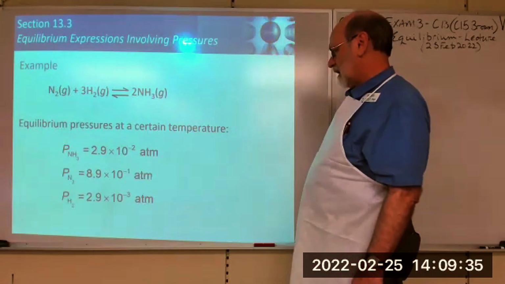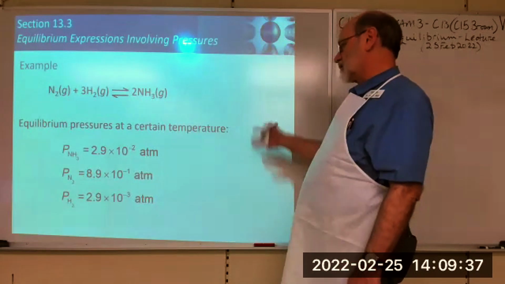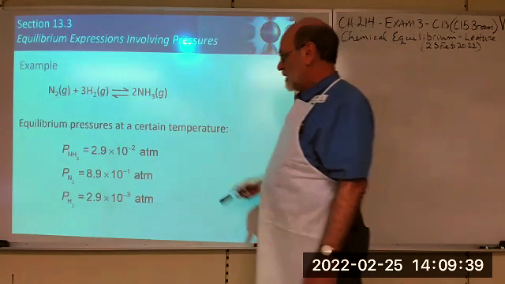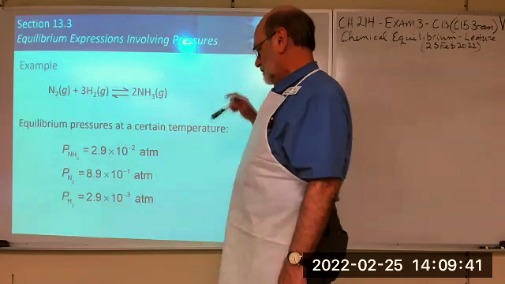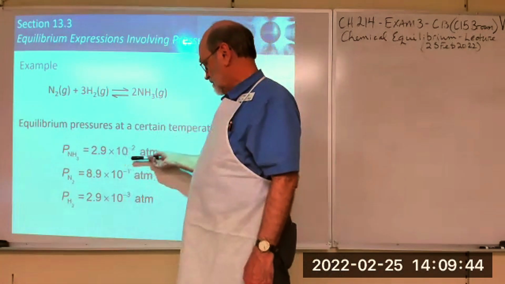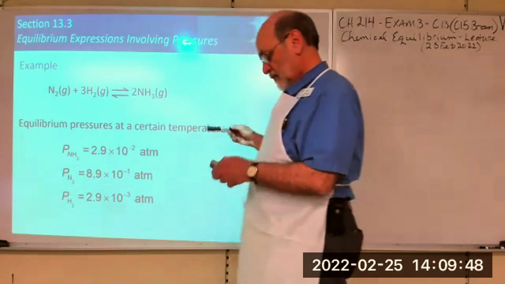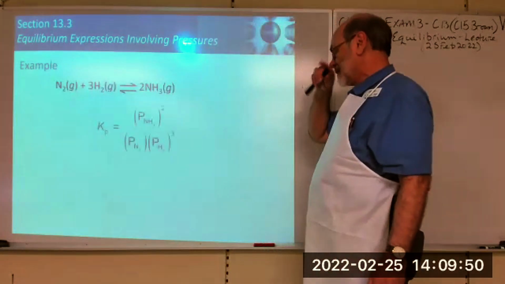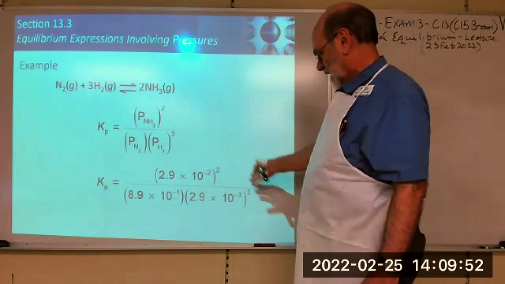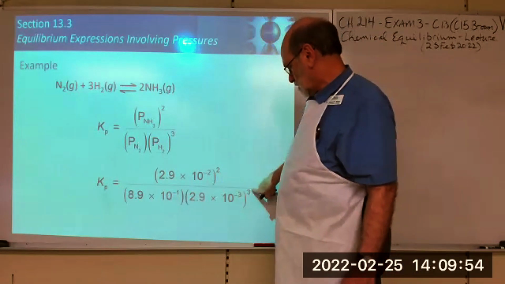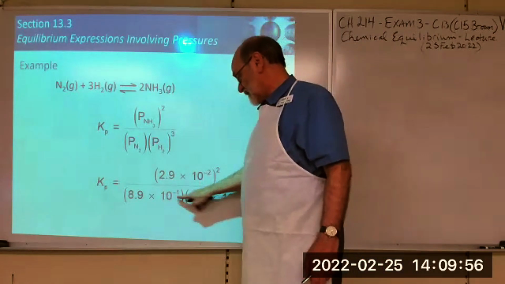We're just going to do a calculation first. If at equilibrium you have these atmospheres for ammonia, nitrogen, and hydrogen, plug those values in, like that. Don't forget the powers. I make that mistake too often.